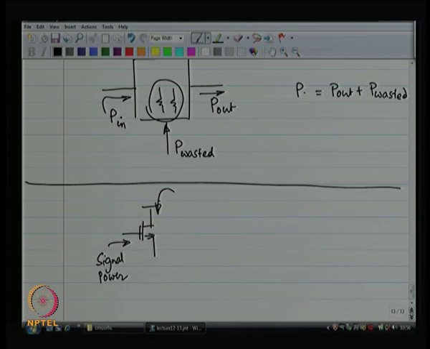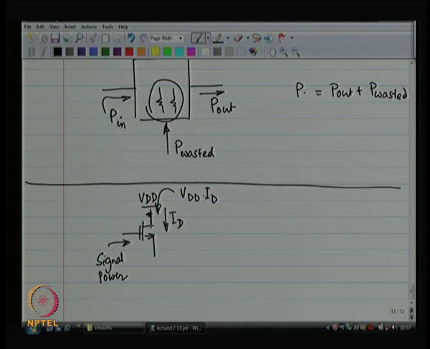At DC, I have got a bias current, I have got a bias voltage. So, clearly I have got VDD times ID as the input power, right. And at the high frequency, this MOSFET is going to output some power to a load, hopefully.